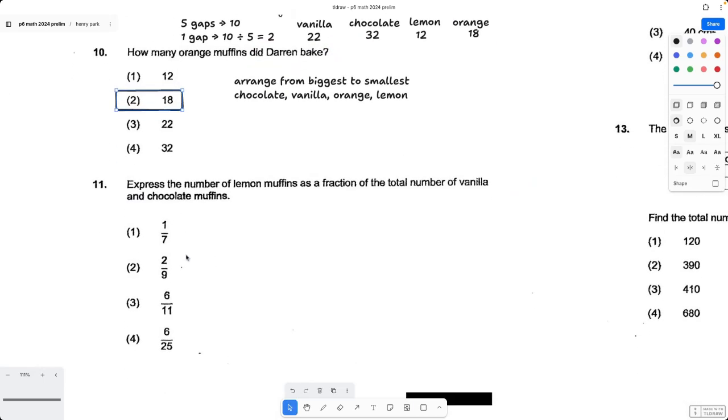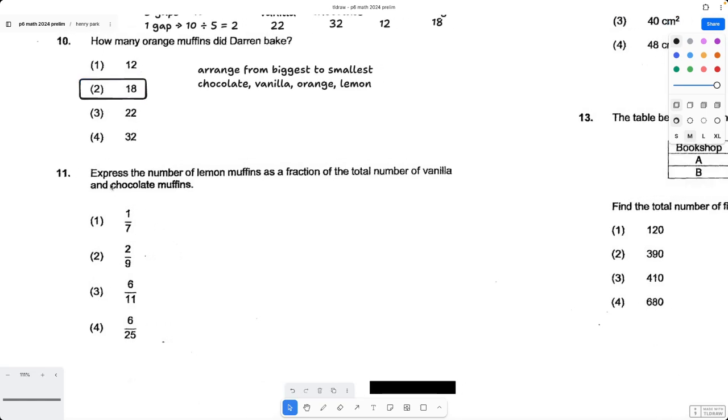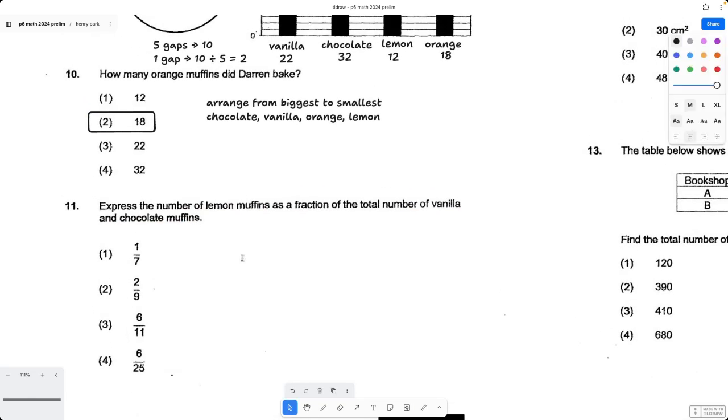Let's move on to question 11. Express the number of lemon muffins as a fraction of the total number of vanilla and chocolate muffins. So what we want is lemon over vanilla plus chocolate. This is the fraction that we want.